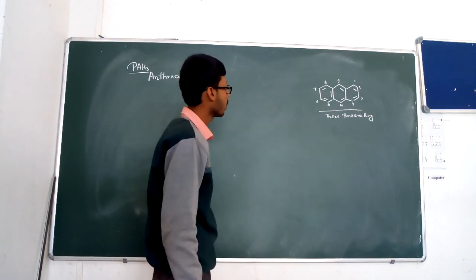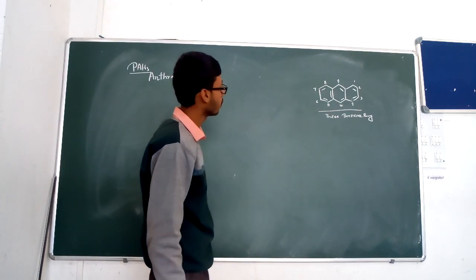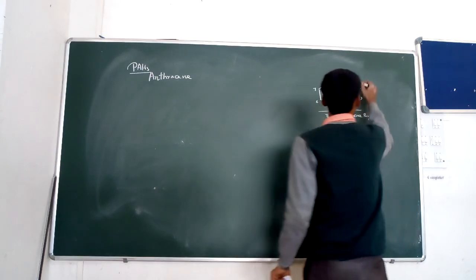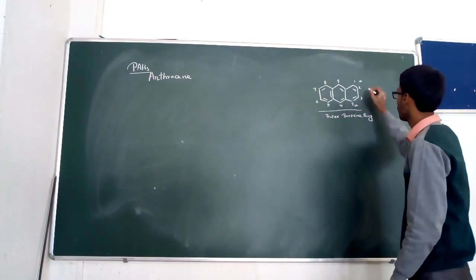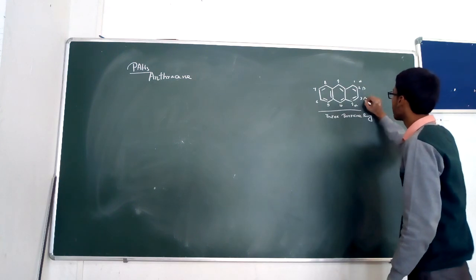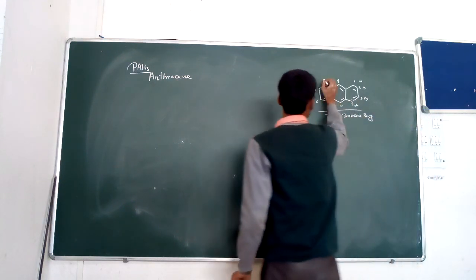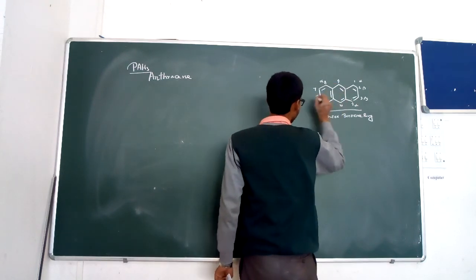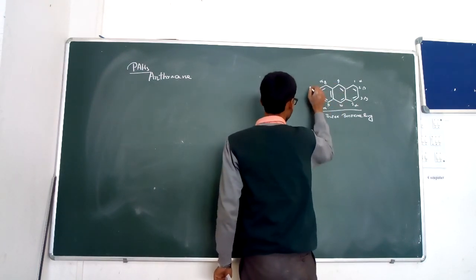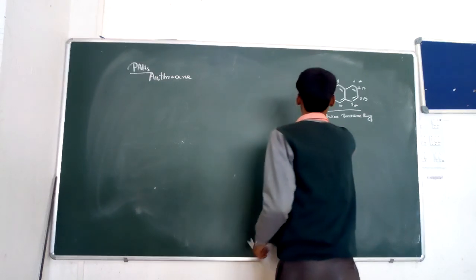If the nomenclature is on the basis of alpha beta, you see that that is the alpha, and that is also the alpha, and that is the beta, beta. Here C8 is also alpha, C5 alpha, and C6, C7 are beta.